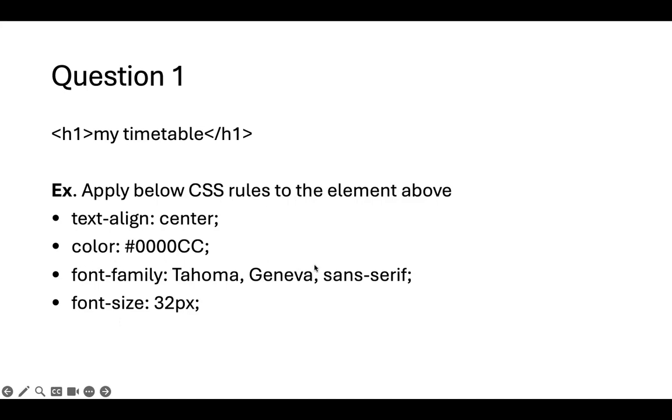If you are giving the font family like this, actually, this is a font family list. Rather than giving one font, first we check whether we have the first font. If we don't have that one, we check for the next one. Likewise, we check the font list.